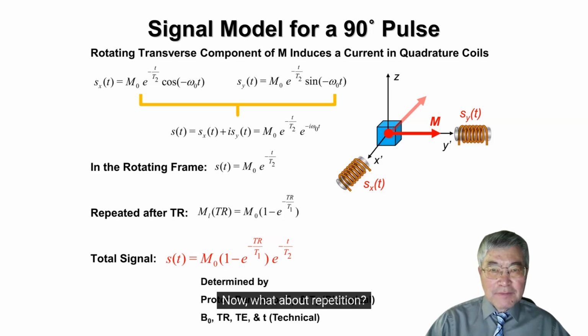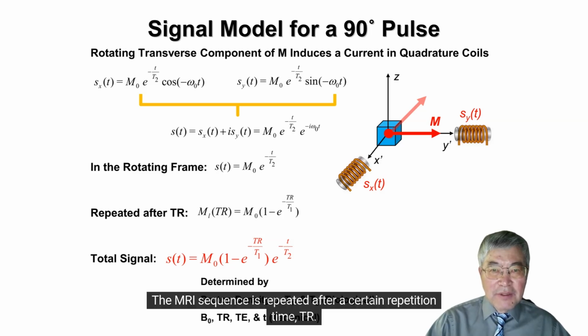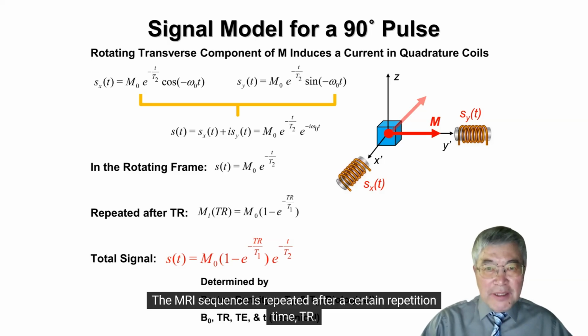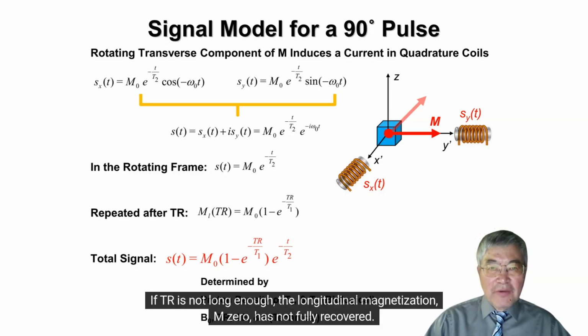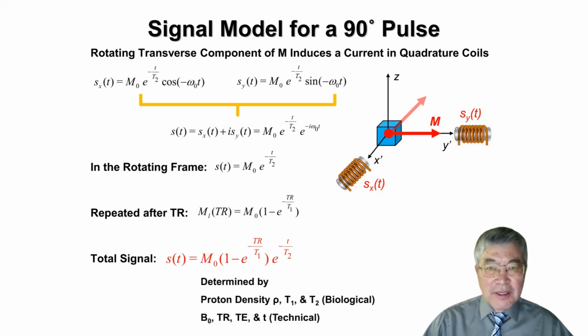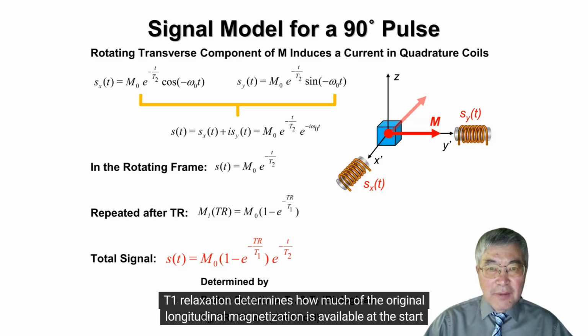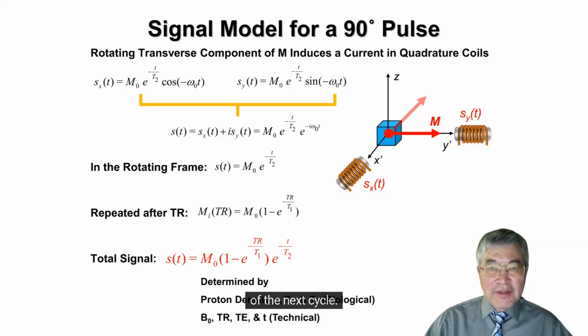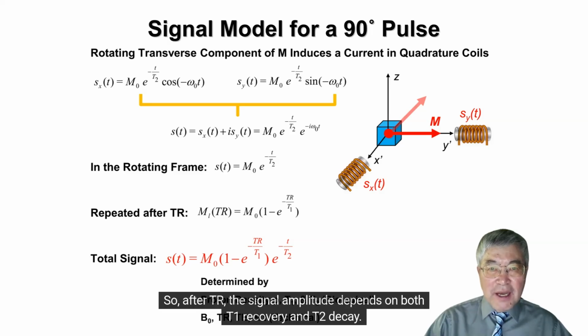Now, what about repetition? The MRI sequence is repeated after a certain repetition time, TR. If TR is not long enough, the longitudinal magnetization, M0, has not fully recovered. T1 relaxation determines how much of the original longitudinal magnetization is available at the start of the next cycle. So, after TR, the signal amplitude depends on both T1 recovery and T2 decay.